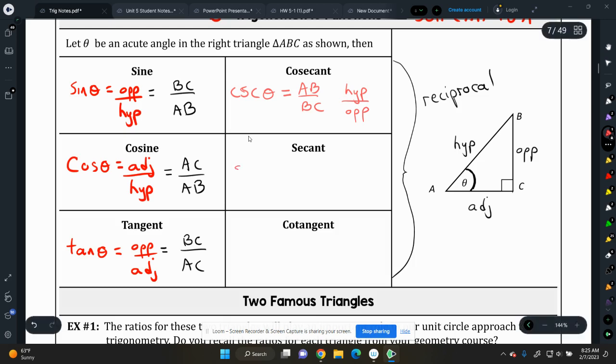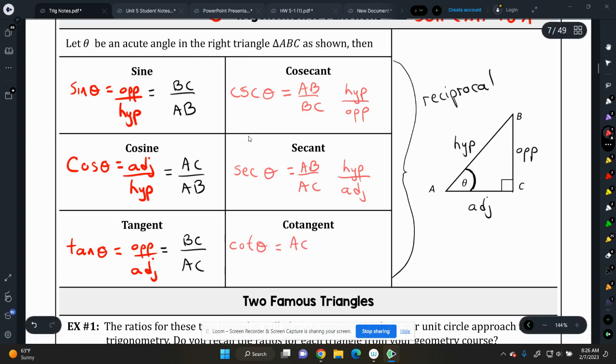Secant is abbreviated SEC. And again, that's the reciprocal of cosine. So it's going to be, in this case, AB over AC, or hypotenuse over adjacent. Okay, cotangent is the reciprocal of tangent.